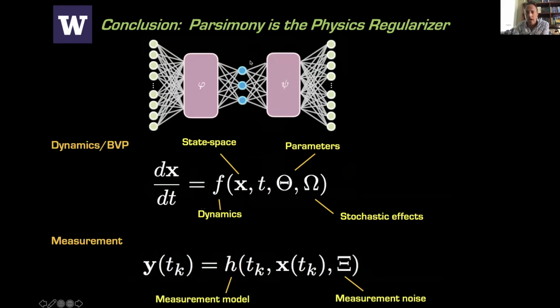That is what drives the entire discovery process. In this blue region, we're just going to enforce parsimony: really interpretable models, lowest number of terms and dimensions. That's how we regularize this ill-posed problem and allow this discovery process to happen in an automated way. I'll stop there and take questions.